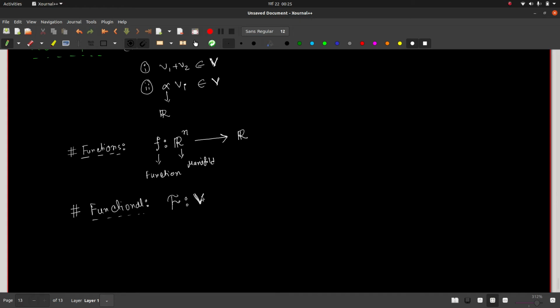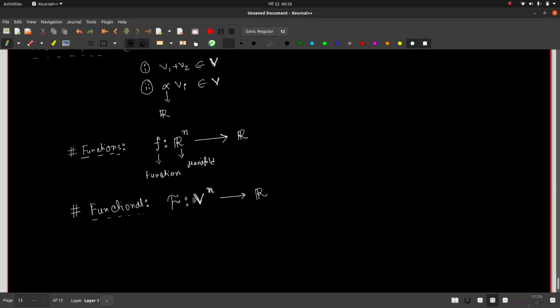Let's call that V, and by n I mean this is an n-dimensional vector space, and a functional would take in a vector or a vector function, and this will ultimately map it into a real number as well.